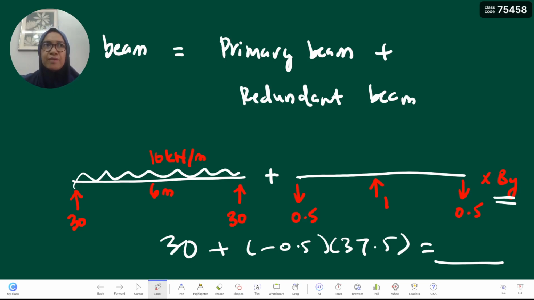For Ay, we have to look at Ay in both the primary and redundant beams. So we add these two, but don't forget for the redundant beam, we have to times with the By value.